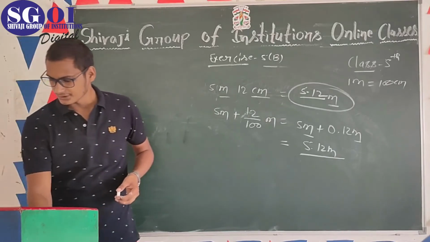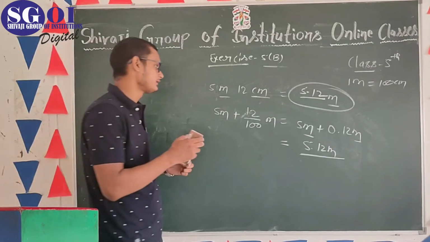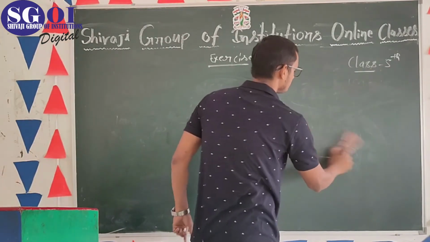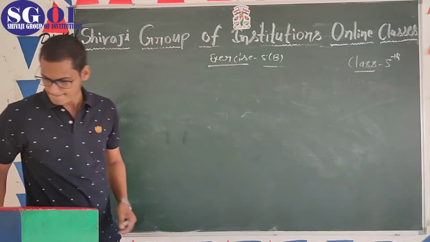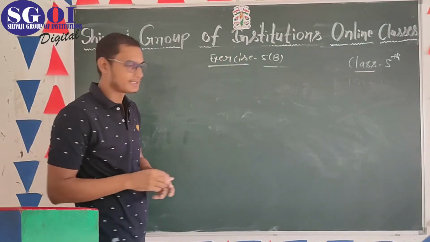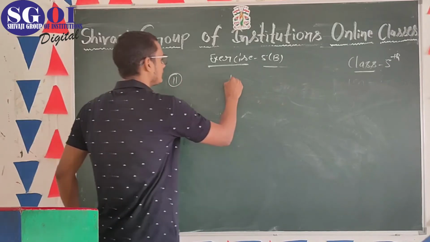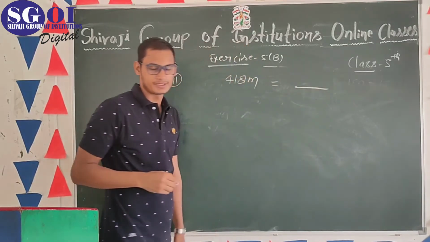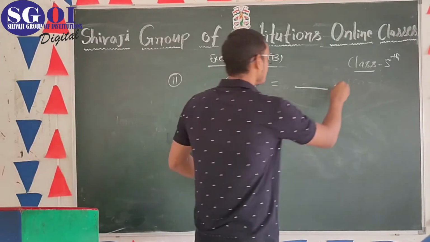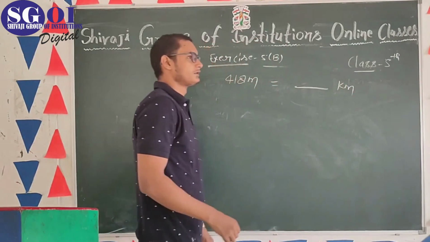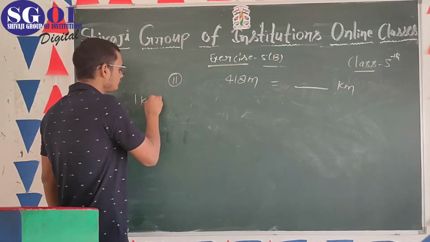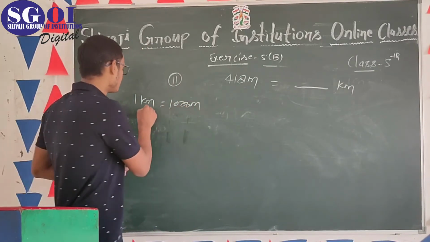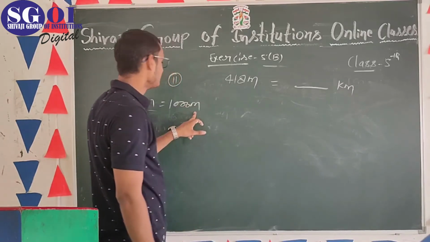Next, question number 11. 418 meter, change into kilometer. So students, as we know, 1 kilometer is equal to 1000 meter. Kilometer is a bigger unit and meter is a smaller unit.